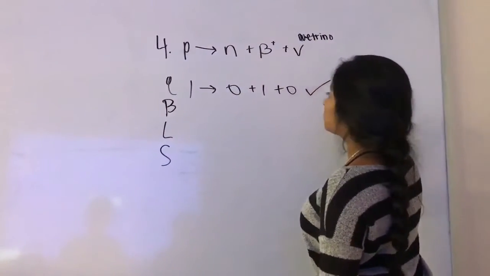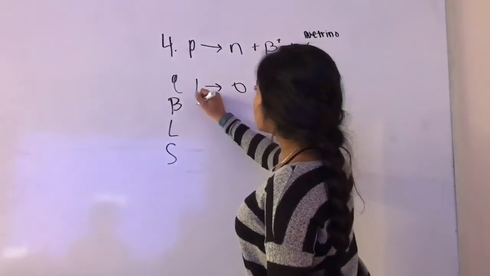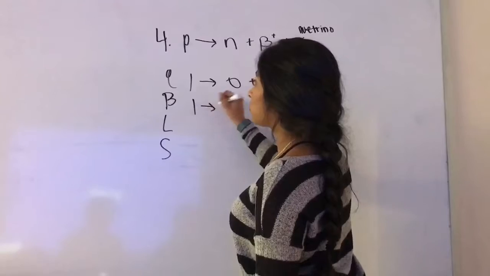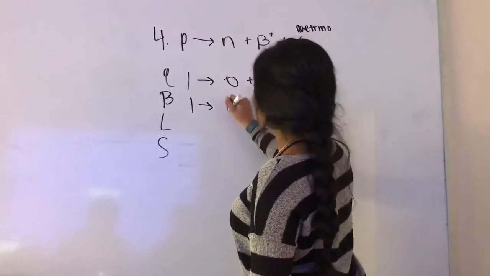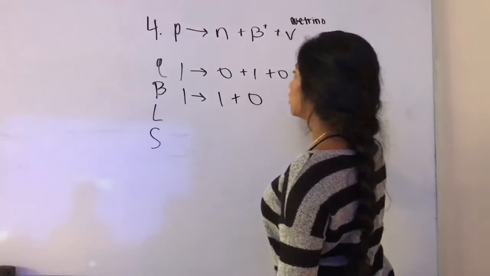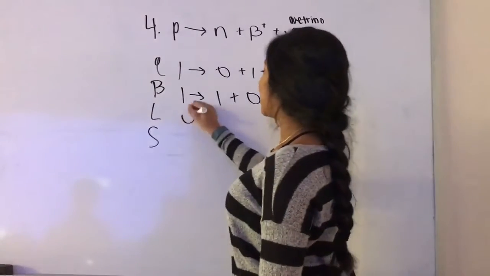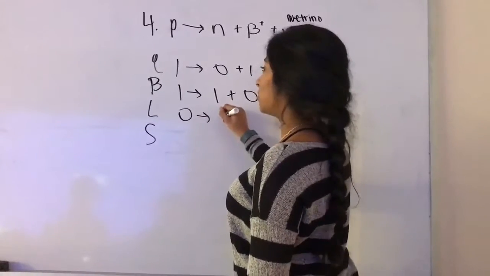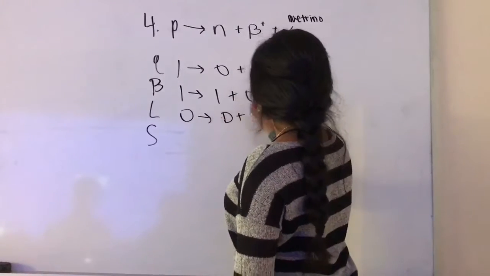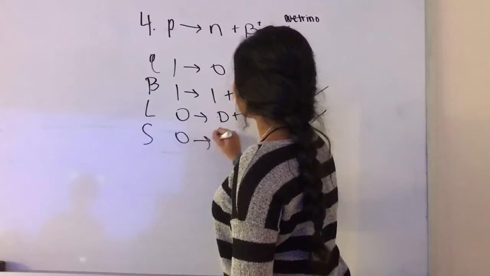So this works out. For the baryon, the proton has a baryon number of 1, neutron has 1, and this has 0, and the neutrino has 0. And none of them have a lepton number, and none of them have strangeness.